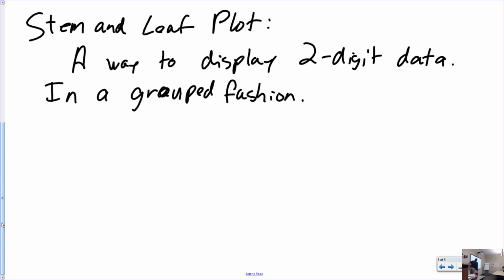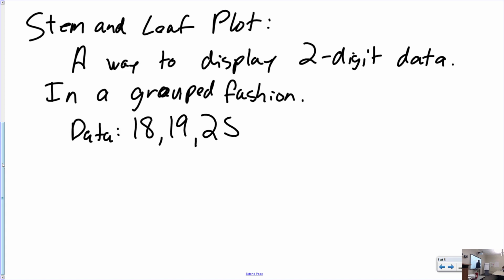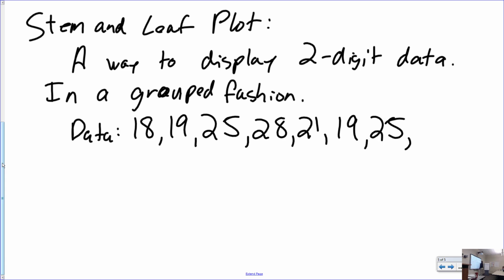So stem and leaf plots, basically the idea is if you have a bunch of data, so let's suppose this is my data. I won't make it too bad. So suppose it's 18, 19, 25, 28, 21, 19, 25, 30, 31, and 26. Suppose I had a class and these were their ACT scores or something like that, okay?